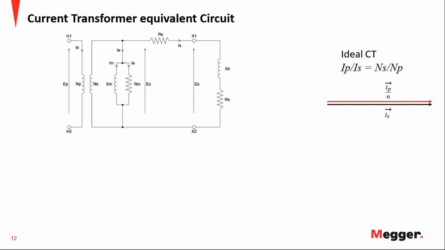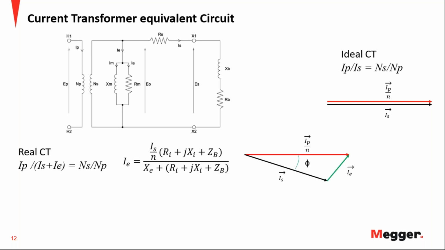They will be in perfect phase, in perfect alignment from one side to the other. Now, there are no ideal CTs or voltage transformers. I'm talking about here a current transformer, but this same concept applies for voltage transformers. So there are no real ideal instrument transformers, so you have some losses.